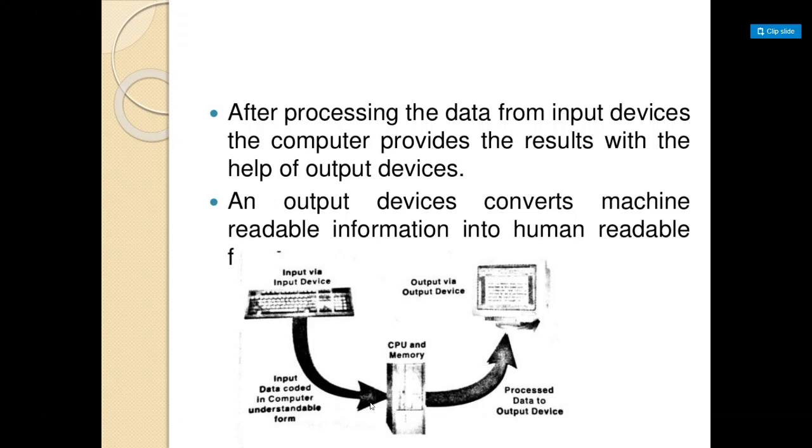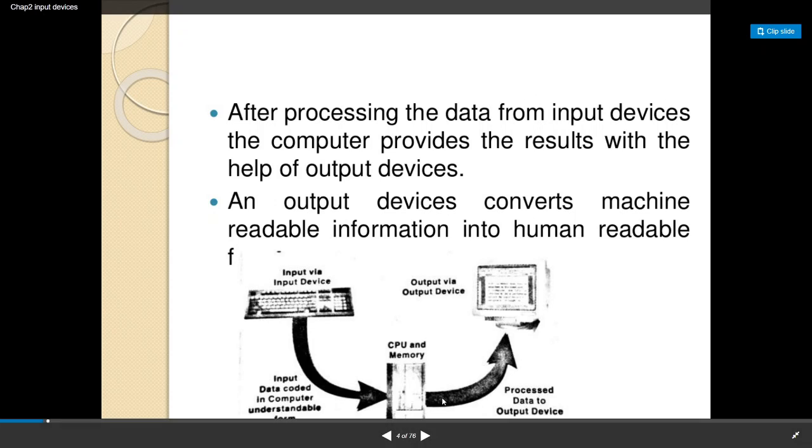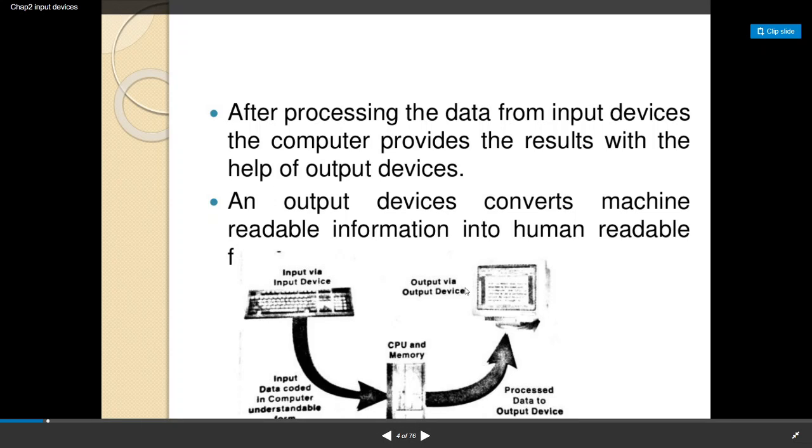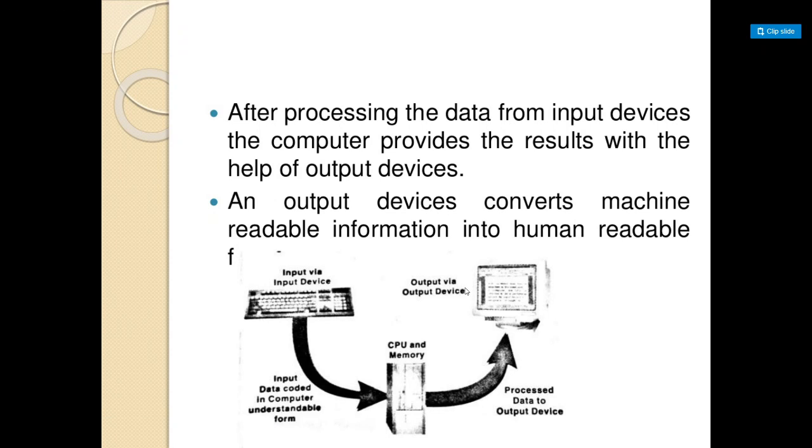The CPU understands it, processes the data, and it is sent to the output device. That could be a monitor or printer, but usually the first thing is displayed on the monitor, right? So how the output is given via the output device, we'll see in this unit.